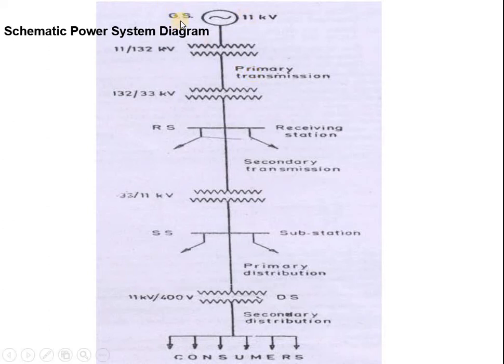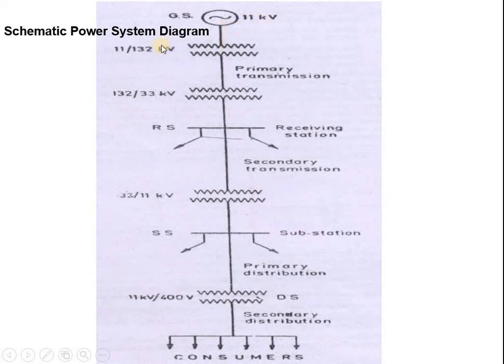We know that the generating station produces the amount of voltage at 11 kilovolt. So we are using the AC generators which produce the voltage of 11 kilovolt. This 11 kilovolt is transmitted via overhead power transmission line with the help of the conductors.